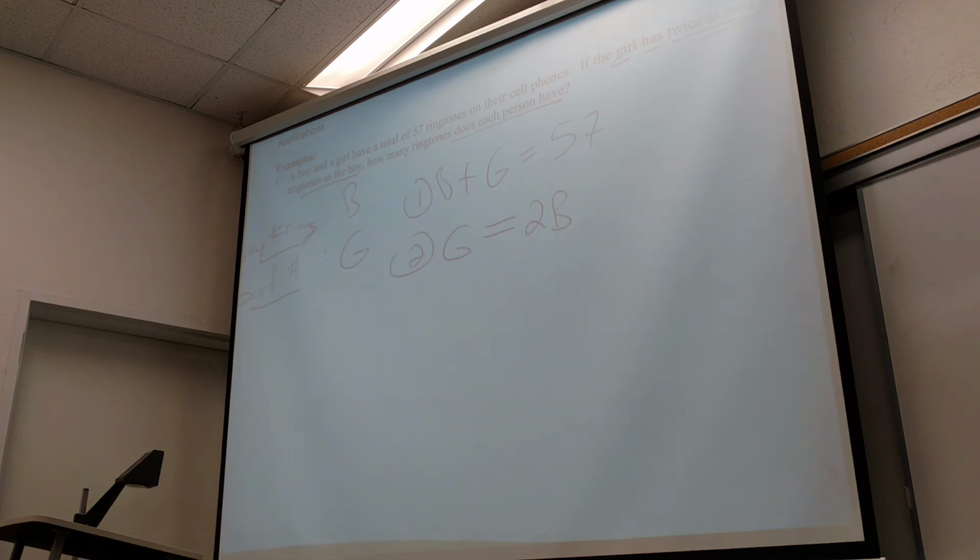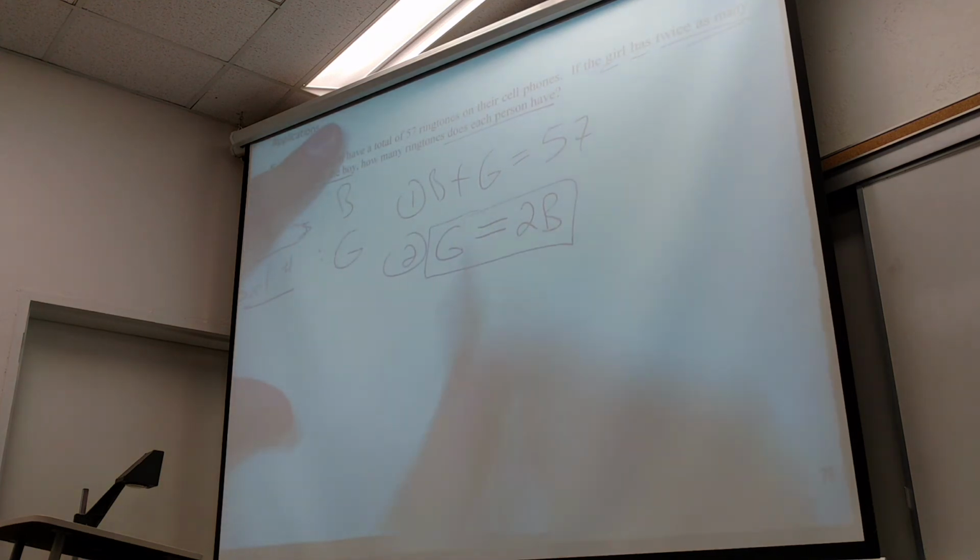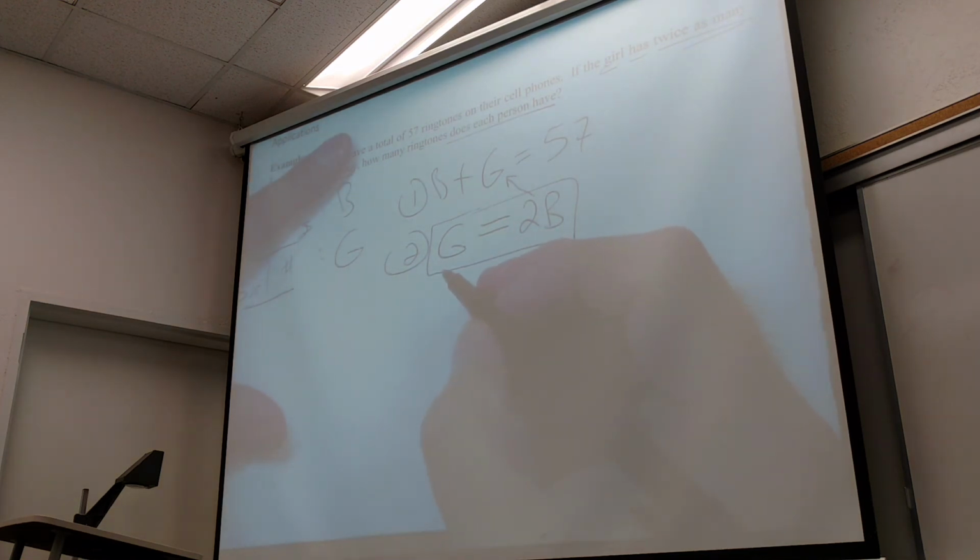Now that I've got this set up, what can I do? I know that G is 2B, so I can replace the G in the first equation with 2B. B plus 2B equals 57. 3B equals 57.